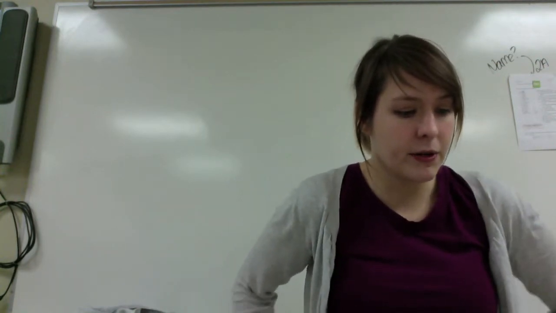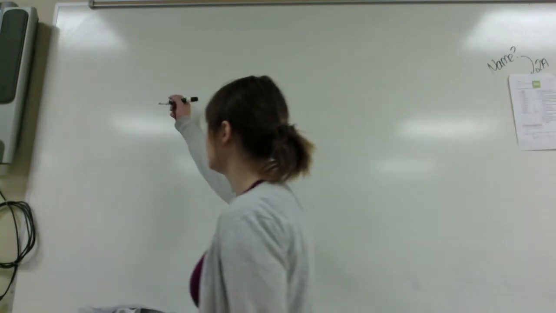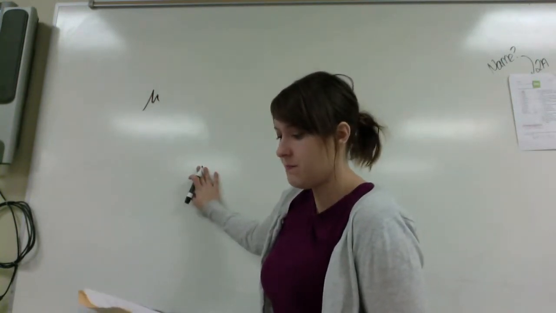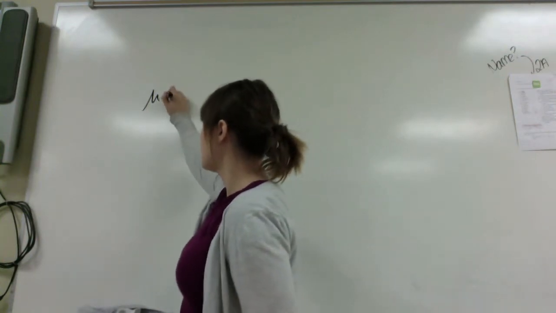Okay, now what we want to do is calculate the mean or the expected value of this probability distribution. And this is denoted by the Greek letter mu. So this stands for our expected value.